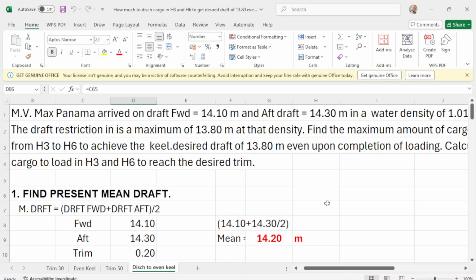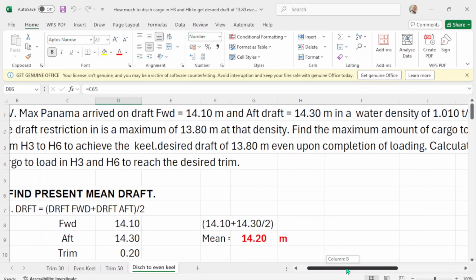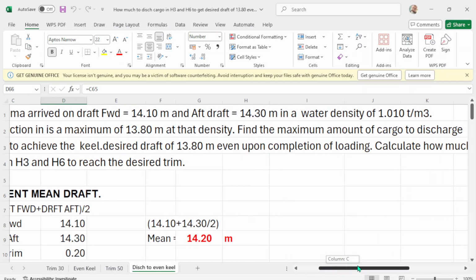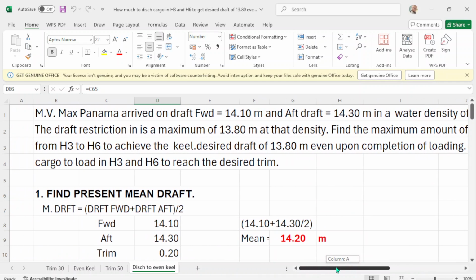This is the problem. MV Max Panama arrived in a port. Draft forward is 14.10 meters and aft draft is 14.30 meters, in a water density of 1.010 tons per cubic meter.